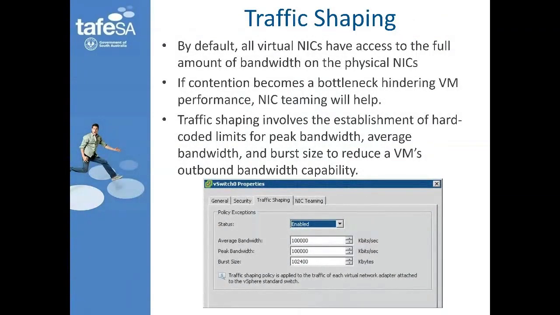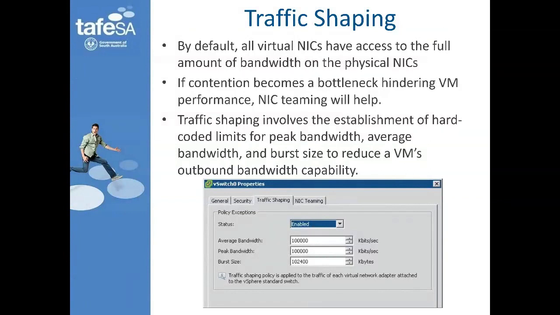Traffic shaping, you might have heard of this term. This is where we reduce the amount of traffic, even though it's 1 gigabit, maybe we don't want to allow the full 1 gigabit. By default, all virtual NICs have access to the full amount of bandwidth on a physical network interface card. Contention, the word means competition.